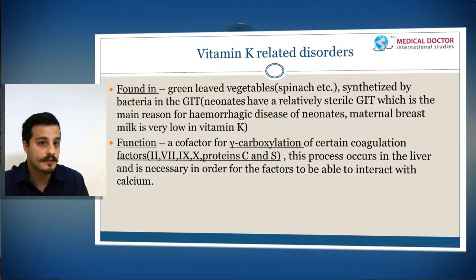Now, let's discuss different vitamin K related disorders. We've already mentioned that if you've done the lesson about vitamins, but anyway, vitamin K is normally found within green leaf vegetables, for example, spinach, kale, broccoli, etc. It can be synthesized by the bacteria in the gastrointestinal tract, and this is why neonates have a relatively increased risk of bleeding due to vitamin K deficiency: their gastrointestinal tract is still relatively sterile and they do not produce vitamin K. This is called hemorrhagic disease of neonates.